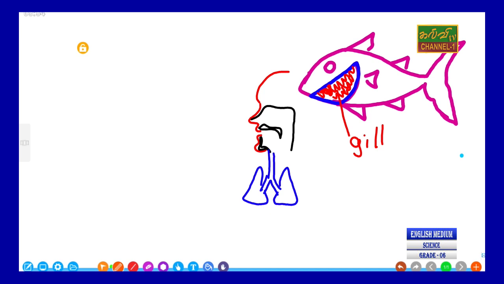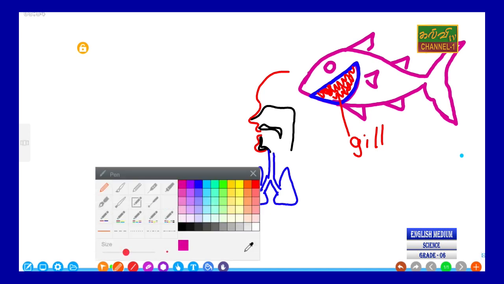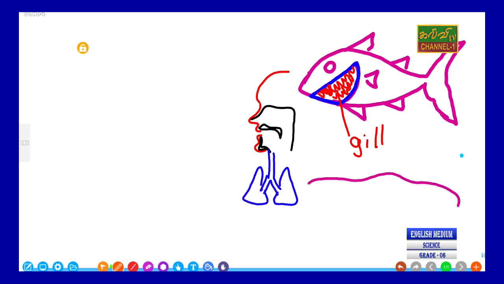Sometimes you see the earthworm also using its skin to absorb oxygen. This is the skin of the earthworm. This is lungs. This is gills. So different kinds of living organisms have different kinds of organs.